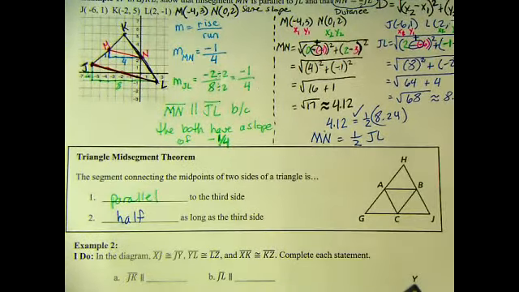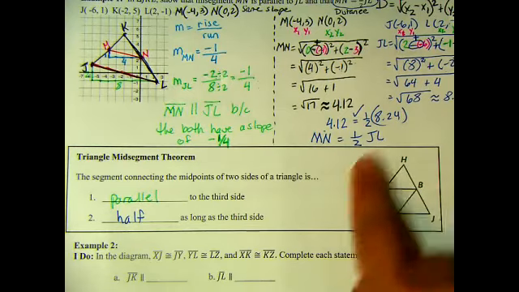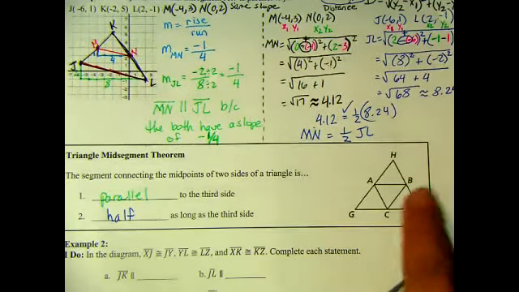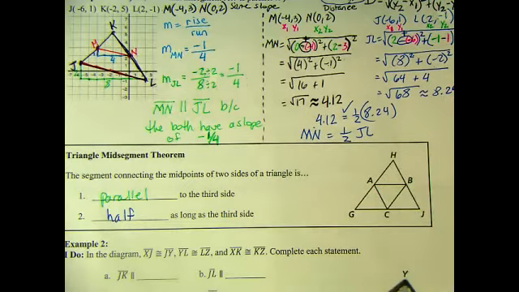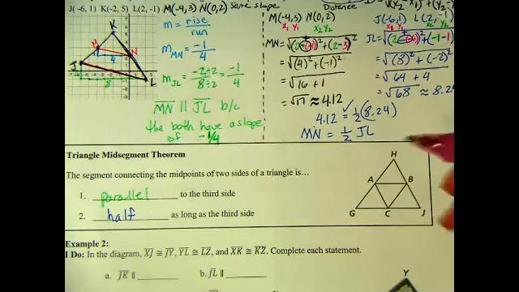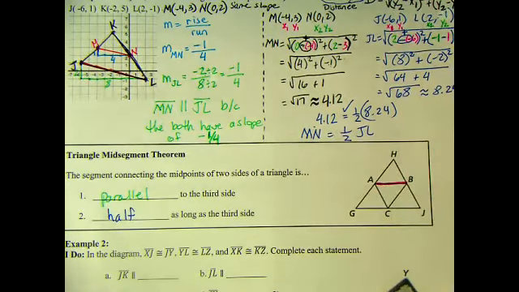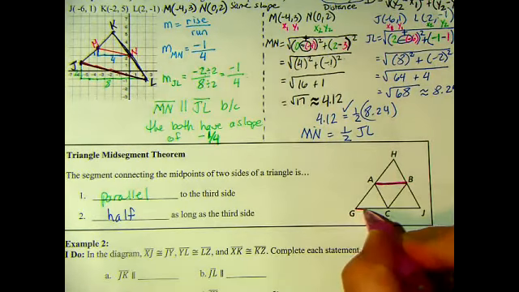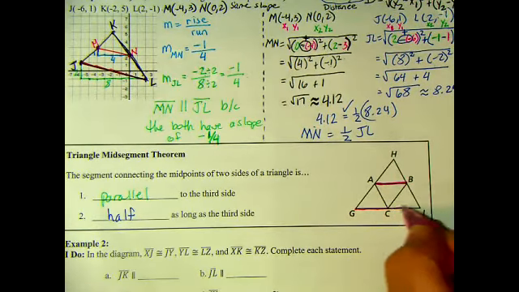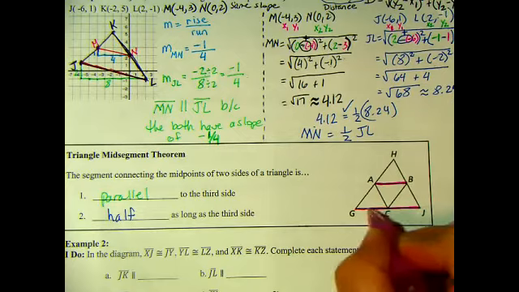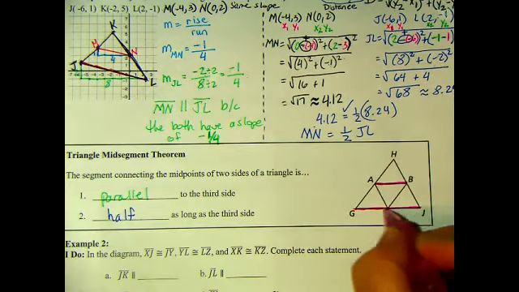So what does this mean? Well, if I have a triangle like this, and it has my 3 midsegments in there, which one is the third side to each of these midsegments? So I'm going to use colors to show you. And we have midsegment AB. Midsegment AB is parallel to and half of this third side of GJ.